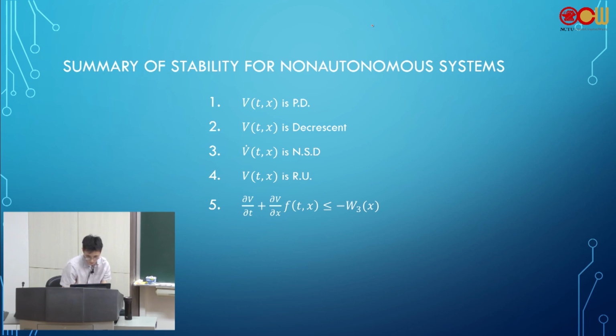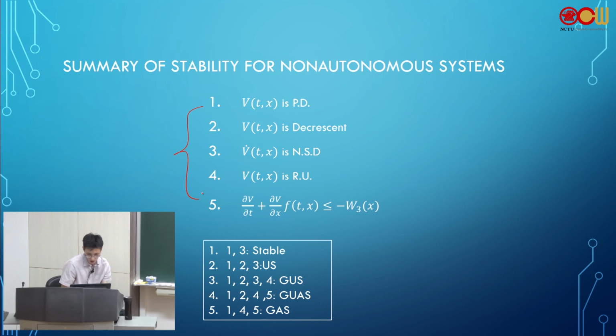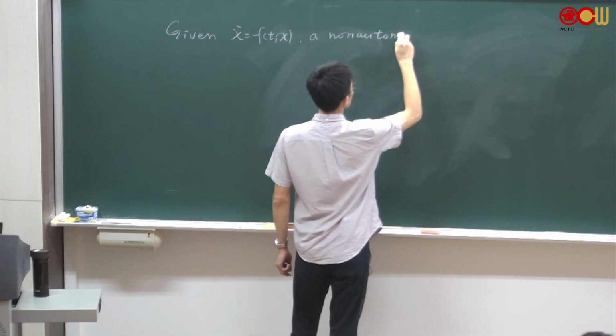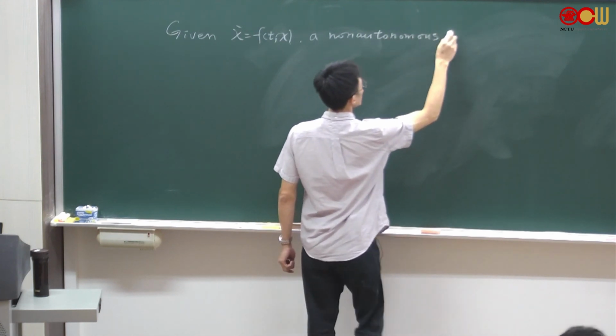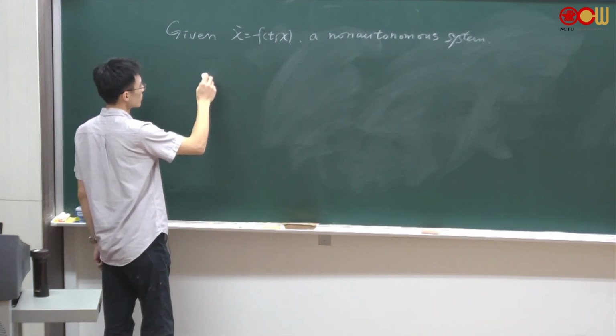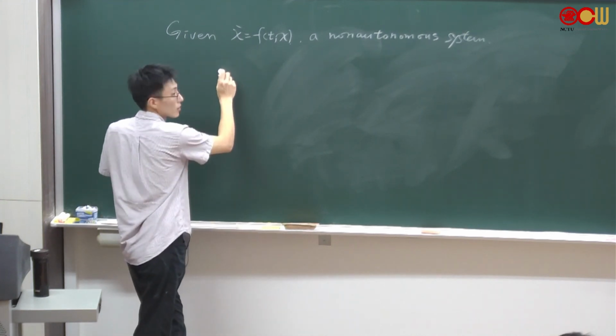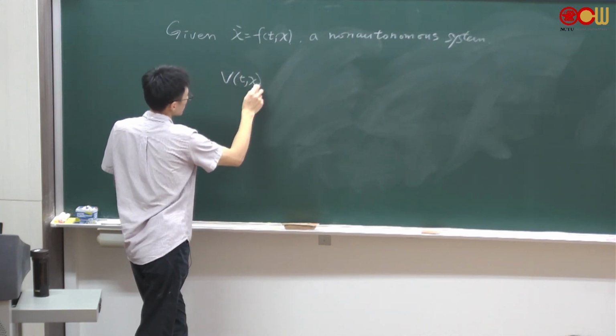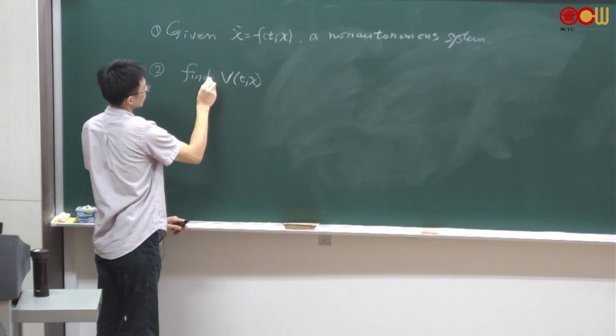I listed 5 conditions, and these conditions are used to check the properties of the system. So given a nonlinear non-autonomous system, to prove the stability of the system, the next thing you will do is to find a Lyapunov function, V(t, x).